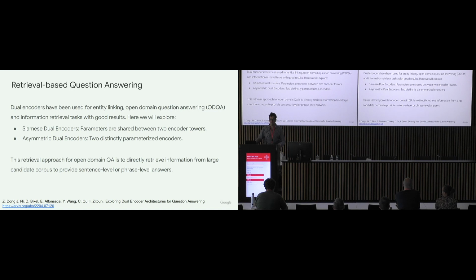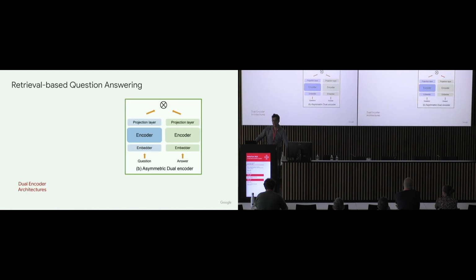There are different ways of training dual encoders, but we are going to look concretely here at two specific architectures. One is the asymmetric dual encoder and the other is the Siamese dual encoder.